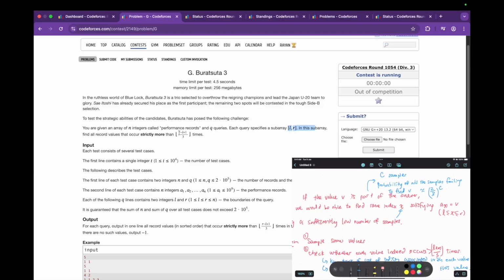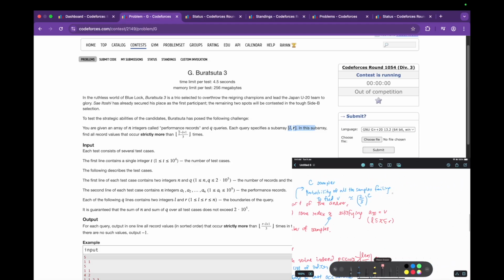Since we are sure that if v is part of the answer, then v occurs at least length over 3 times, there is a 1 in 3 chance that we would actually be able to find v using one sample. That means there's a 2 in 3 chance of not finding it in one sample, and hence there's a 2 over 3 to the power c probability of all the samples failing to find v.